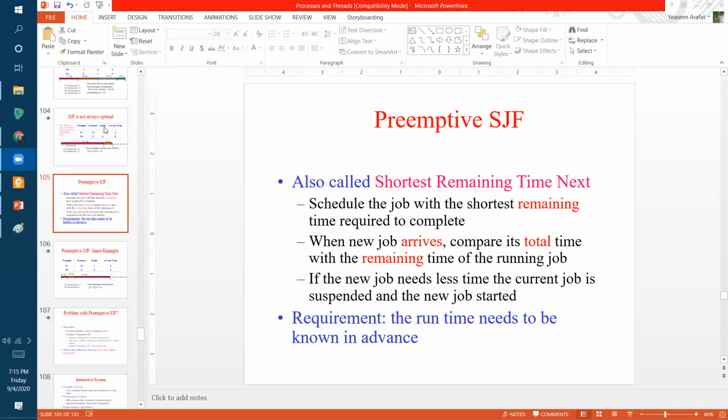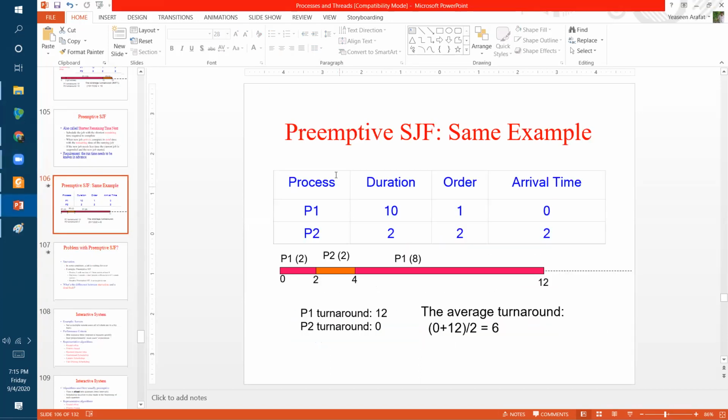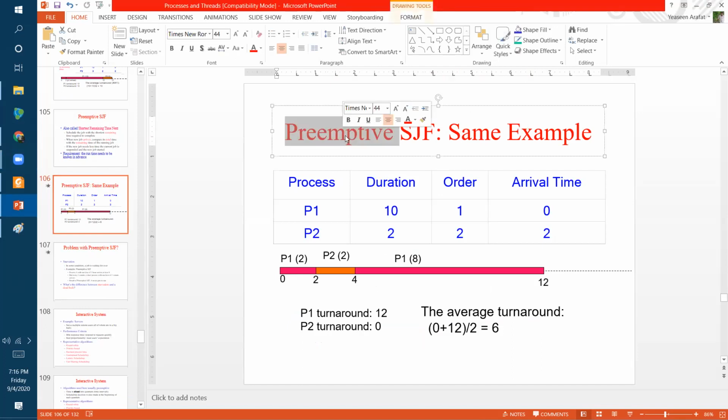Now we see an example of preemptive SJF. I am saying again, in preemptive SJF, the scheduler has the capability to take the CPU from the current job if it finds any job with a shorter remaining time at that moment.